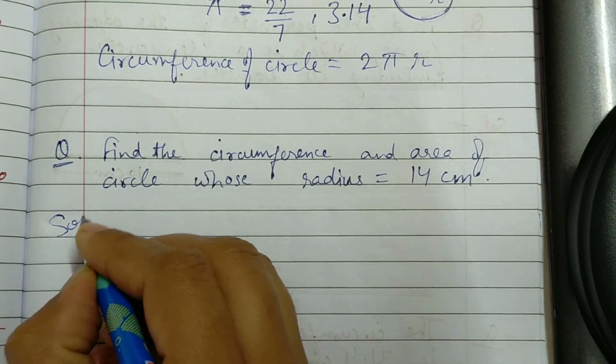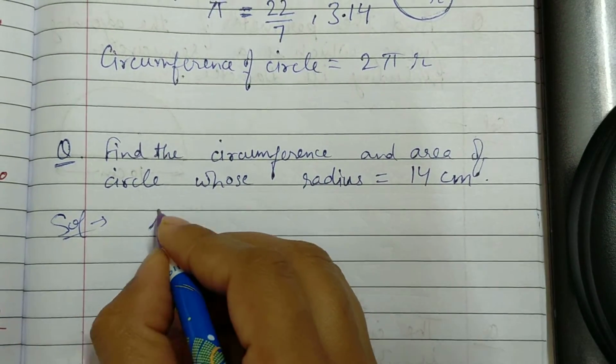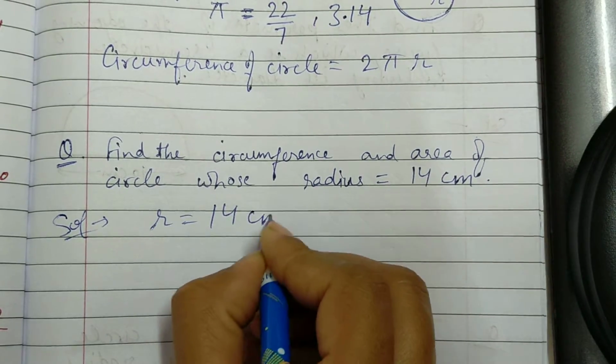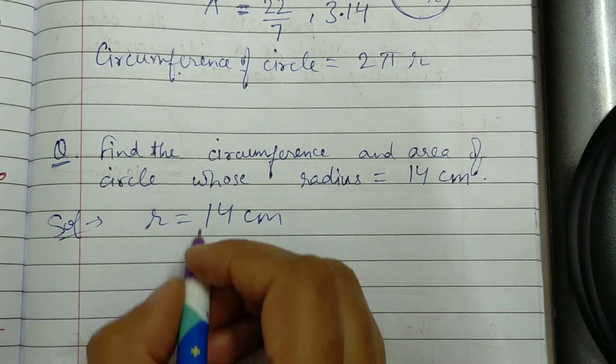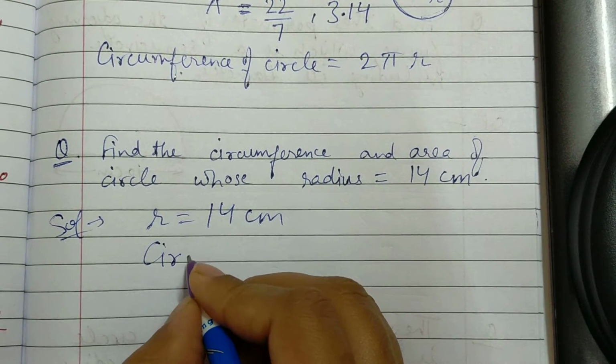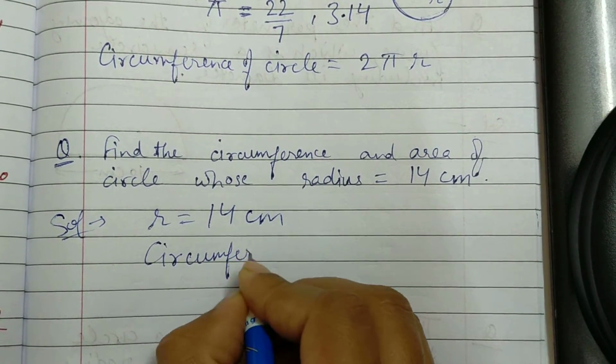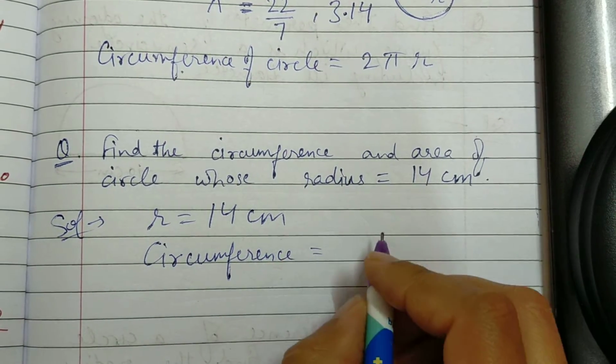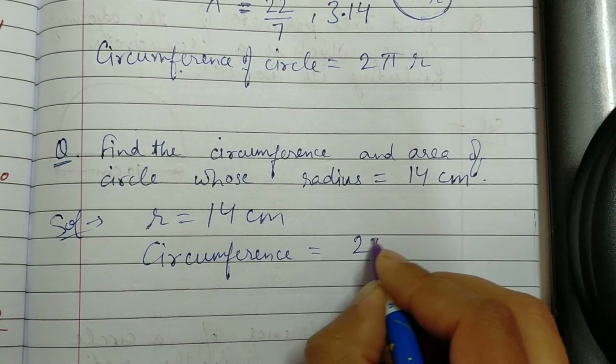Radius is given. Radius is 14 centimeter and we have to find the circumference. Just apply the formula and find the value. Circumference of circle, the formula is 2 pi r.